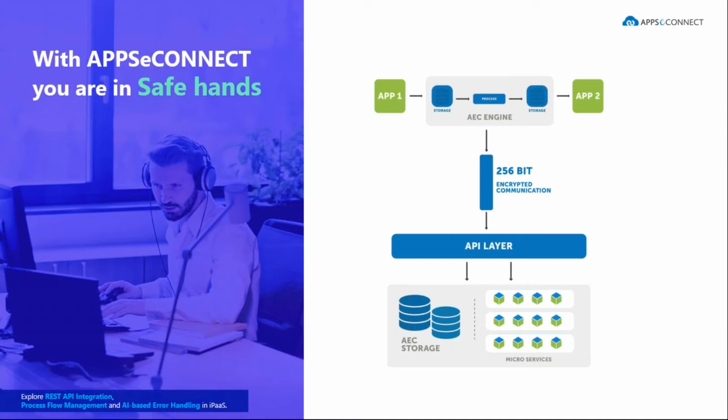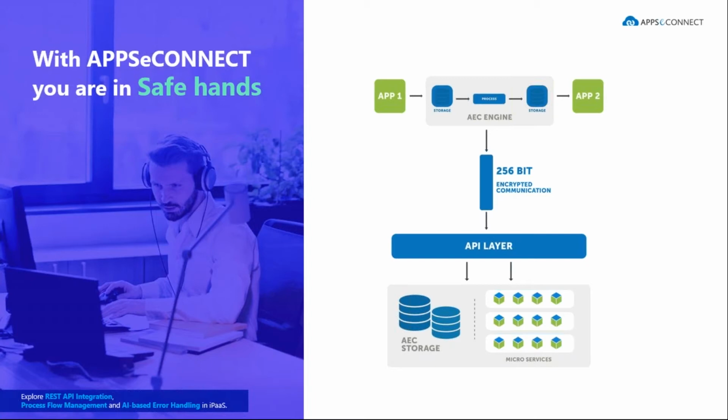Okay, so to put it in very simple terms, we define everything on the cloud. Every definition is done on the cloud. The API layer retrieves them and passes it on to the agent. The agent can be on premise or on cloud, whichever you opt for. And then the agent will use the logic to transform the data and post it to the required application. How simple is that?